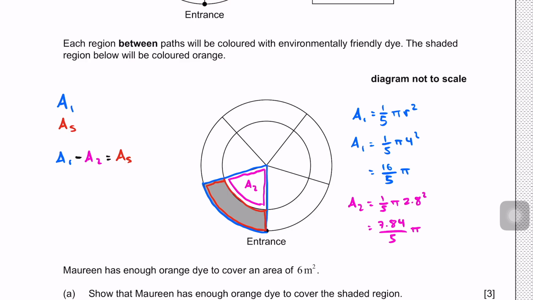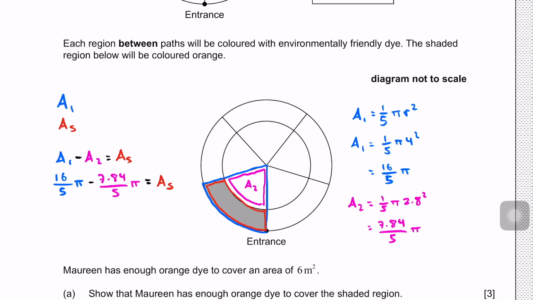All right, so we have the larger area and we have the smaller area. If we take away the smaller area from the larger area, we'll just be left with the shaded. So let's go ahead and complete this equation. A1 is 16 over 5 pi minus A2, which is 7.84 over 5 pi, and this will give us the shaded area that we're looking for.